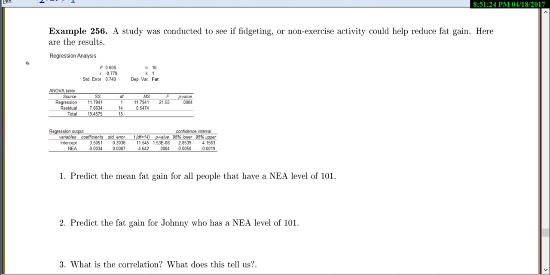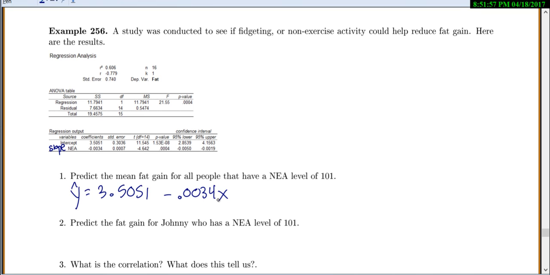Okay, so we're still back to our same example of fidgeting and fat gain. We have all of our results here. Number 1 says, predict the mean fat gain for all people that have an NEA level of 101. So first, let's write down the equation of our line. This is our intercept, and slope is the bottom line. So it's 3.5051 minus 0.0034x.